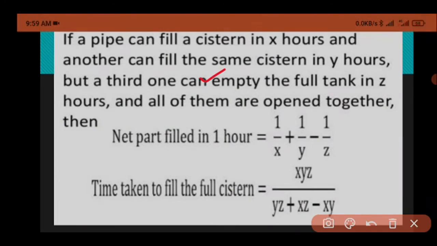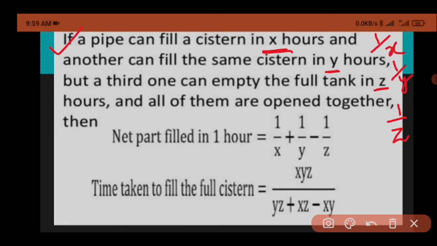Here we can understand this topic through this example. If a pipe can fill a cistern in x hours, in 1 hour how much will it fill? 1 by x, right? Another can fill the same cistern in y hours, so in 1 hour how much will it fill? 1 by y. But the third one can empty the full tank in z hours, then in 1 hour how much will it be emptying? 1 by z.